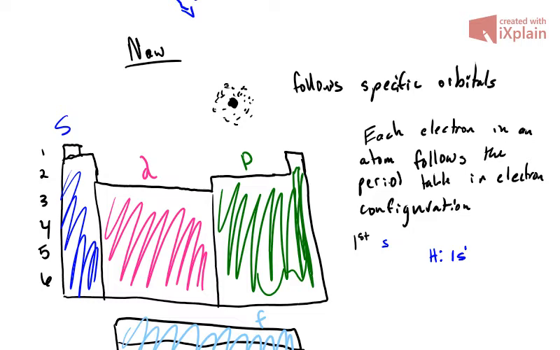It only has one electron. That's where this one comes in. It is in the s orbital, and that s orbital and that electron are in the first energy level. So the electron configuration for hydrogen would be 1s1.